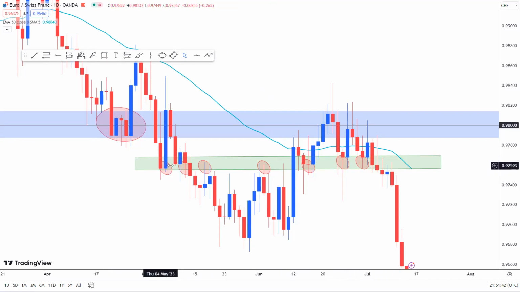And this confirms that this is a valid area of interest for me. And pretty much what I was looking for was the break of this level, which we had right about here.